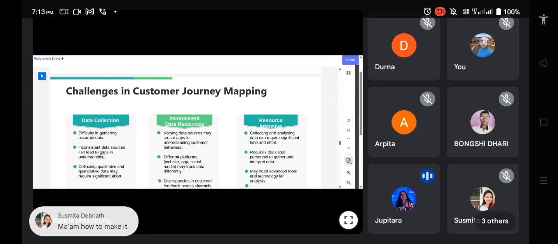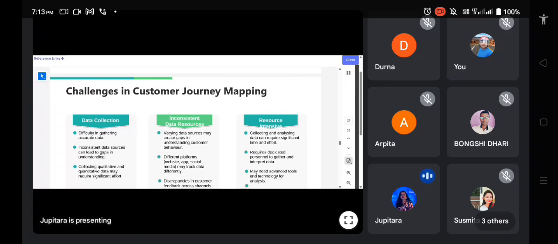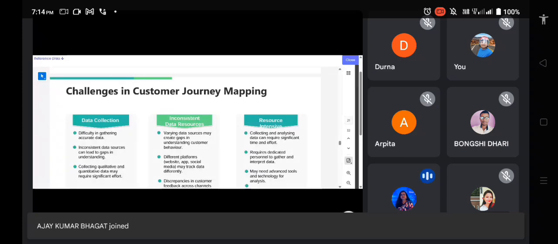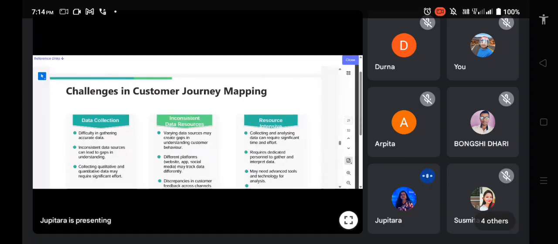What I'm providing you is self study. I'm not going to explain everything. What you need to do is check out what different customer journey mapping has been done. You will find challenges are there. Then you will find what other items are required for customer journey mapping. Everything is there in the slide.